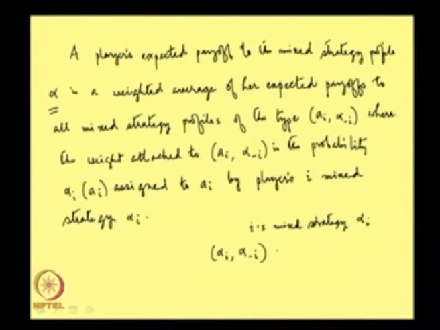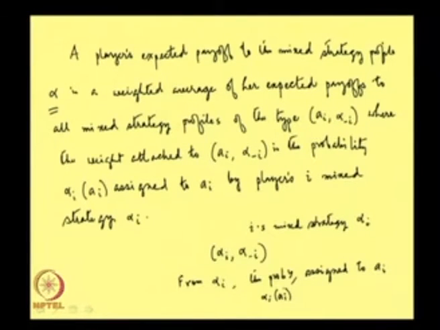Now, if alpha_i is the mixed strategy of player i, it means that from alpha_i I can get the probability assigned to any action a_i, which is given by alpha_i(a_i). This is the probability with which player i plays a_i.